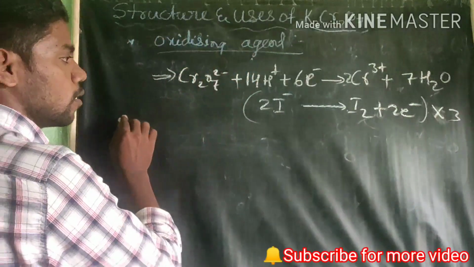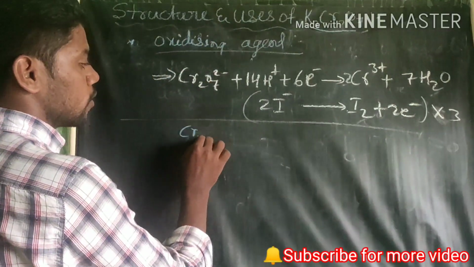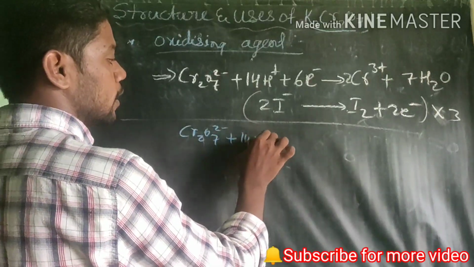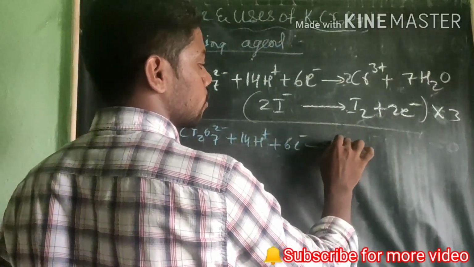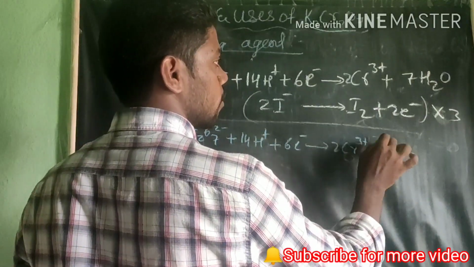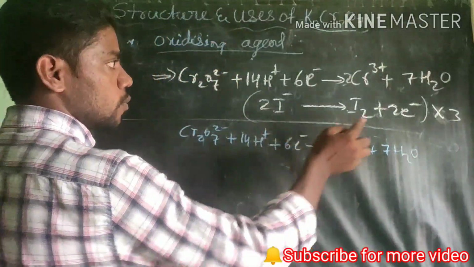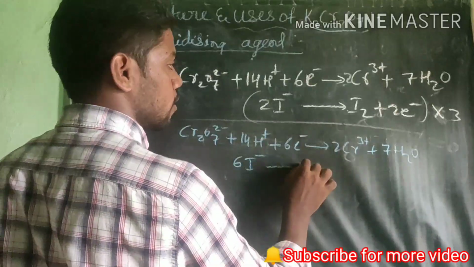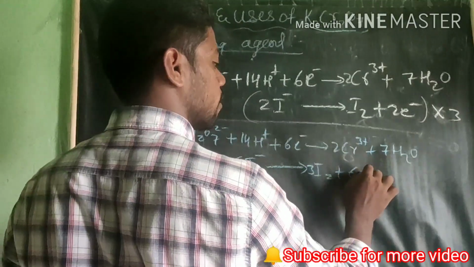Therefore write these two equations once again. Cr2O7 2 minus plus 14H plus plus 6 electrons gives rise to 2Cr3 plus plus 7H2O. Multiplying this equation by 3, 6I minus is converted into 3I2 plus 6 electrons.